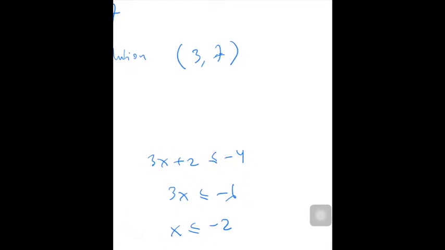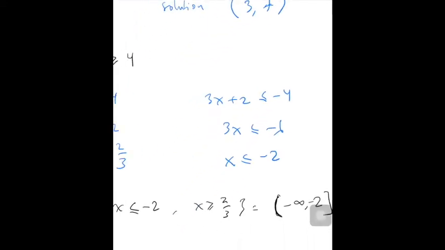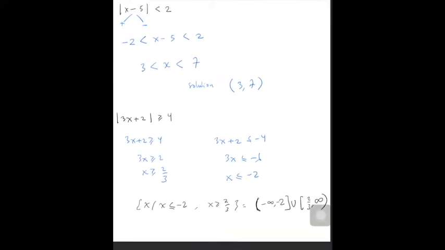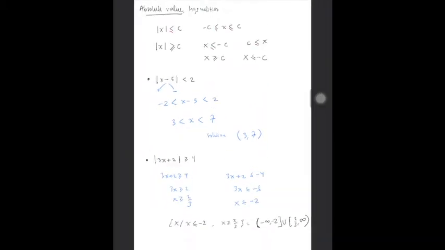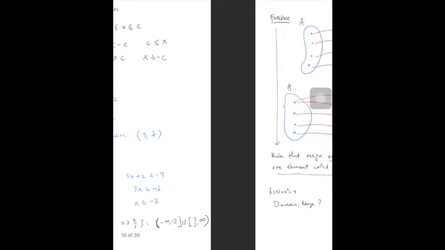So you have x equal or less than negative 2. So this is your solution: x less or equal negative 2, x greater or equal to 2 over 3. Or you can write it in interval notation. Okay, that's some ideas for absolute value.